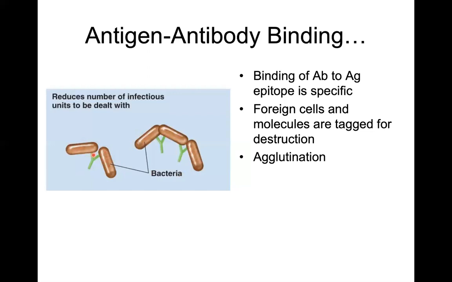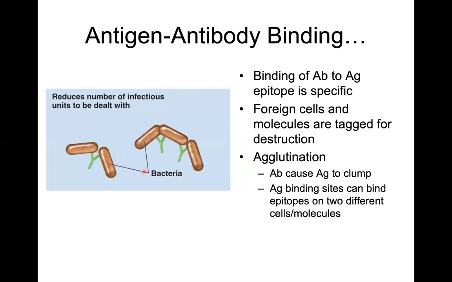And one antibody, because it's got two identical antigen binding sites, can cause the antigens to clump. So let's say these are all identical antigens. It's one type of particular bacterial organism that's considered foreign to the body. These antibodies are binding to two identical epitopes that are found on two different antigens.